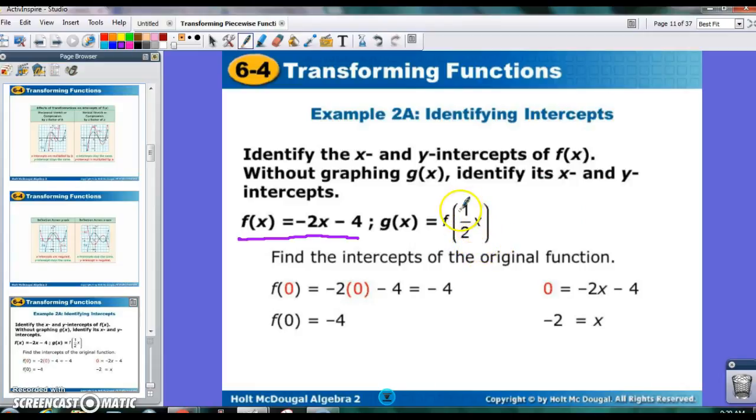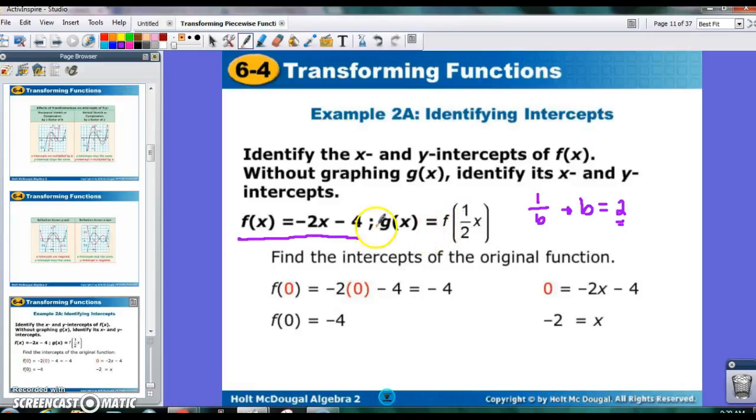But remember, with horizontal stretches, this is the reciprocal of b, because it's 1 over b for horizontal, which means b is equal to 2. That tells us we're doing a horizontal stretch because that number is greater than 1. I know it's horizontal because it's in the parentheses with x, not out in front of the function.